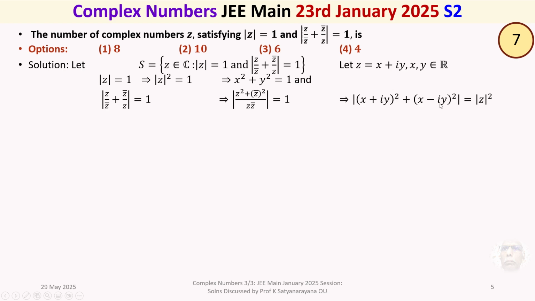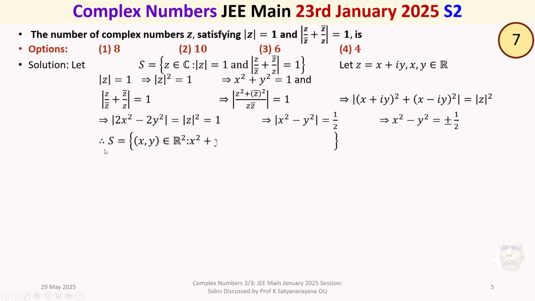Squaring both of them and adding, we will get modulus of 2x square minus 2y square is equal to 1. That is modulus of x square minus y square is equal to 1 by 2. Taking off the modulus, you will get x square minus y square is equal to plus or minus 1 by 2. Thus, we have 2 equations in x square and y square.